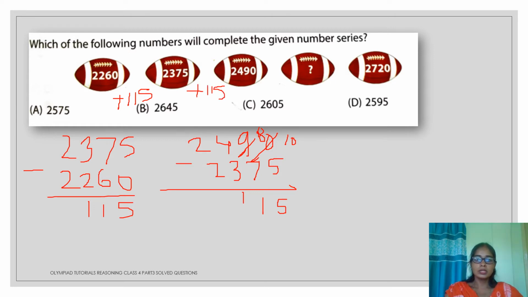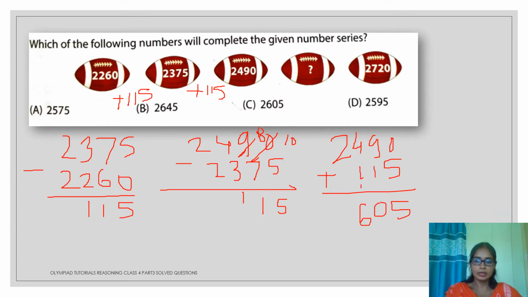If you add 115 to the number 2490, you'll get the next number, which is the missing number. So let's add it. The answer is 2605, option C. We'll check whether our answer is correct.